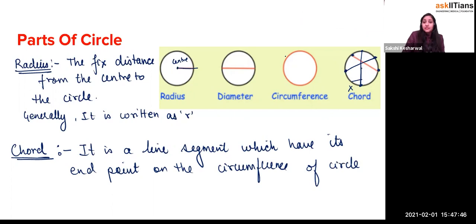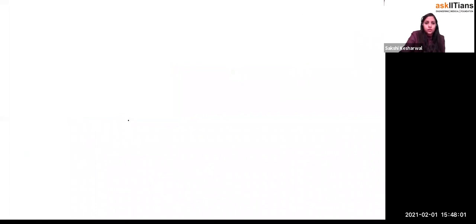Now, what do you mean by the circumference? Circumference means the entire path traced, the path of the circle. That's the path. Yes or no? Yes. So we can say it like this.